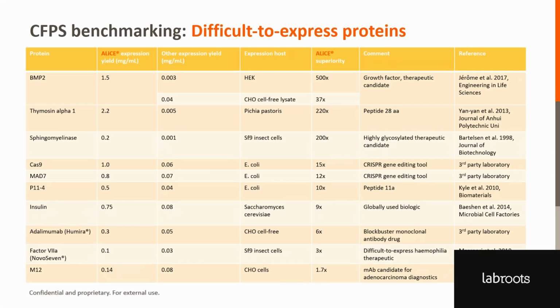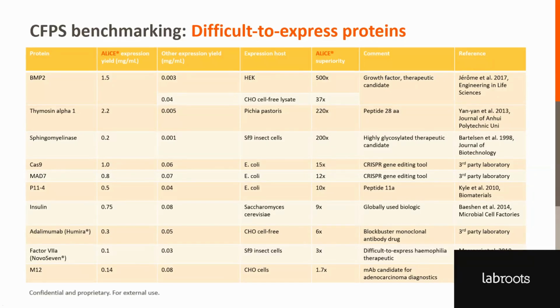Reference proteins, however, are one thing, but actually useful, potentially therapeutic, difficult-to-express proteins are quite another. We've done some internal benchmarking of certain therapeutic candidates or gene editing tools. You can see in one column the ALiCE expression yields in milligram per milliliter. And we've contrasted this against expression yields reported in literature for other cell-based expression systems or the CHO cell-free lysate.